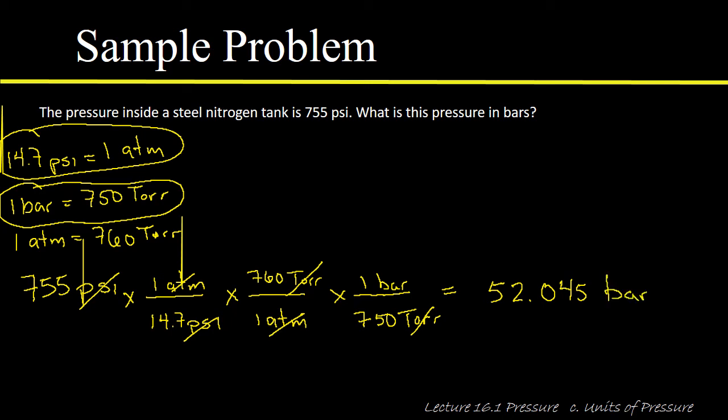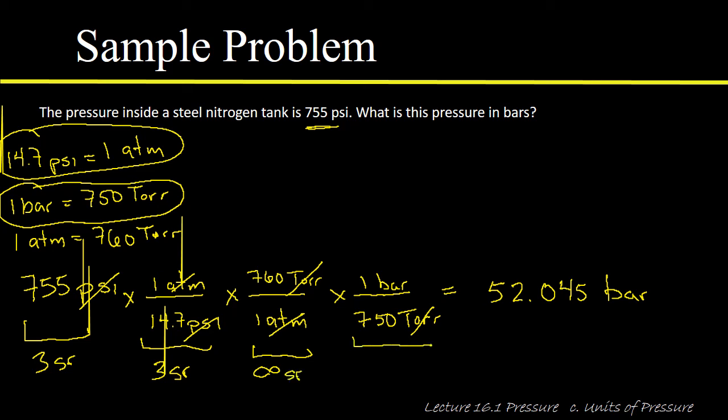And then if we look at our significant figures, the information given to us here had 3 significant figures. This is an approximate relationship, which is correct to 3 significant figures. This is a definition, so it has an infinite number of significant figures.